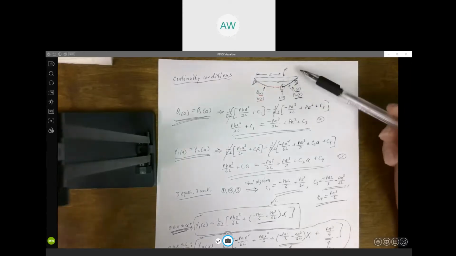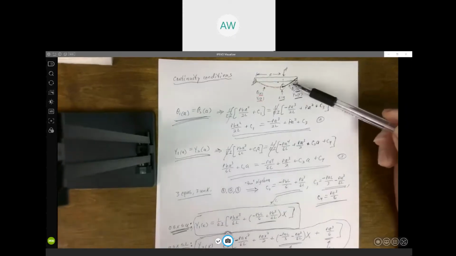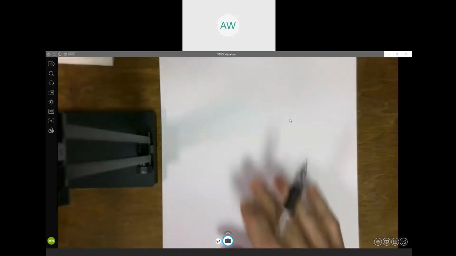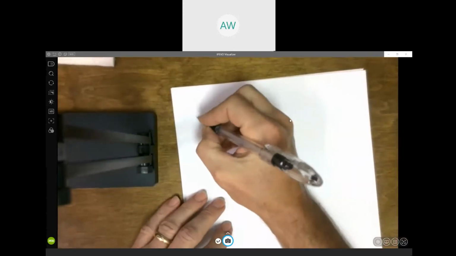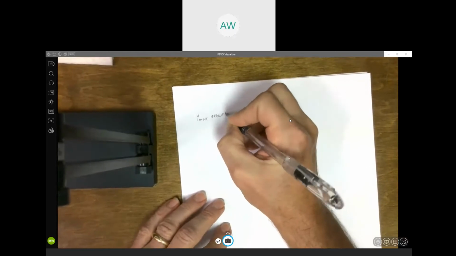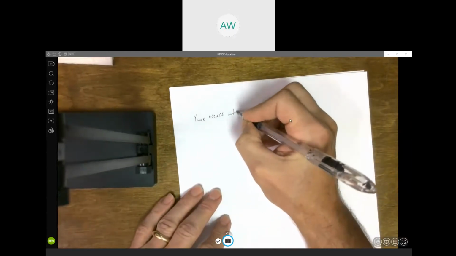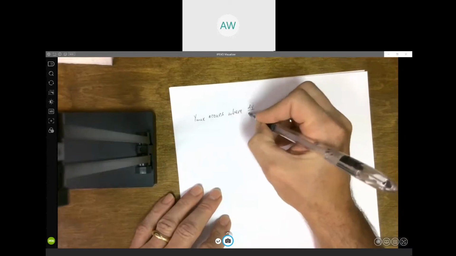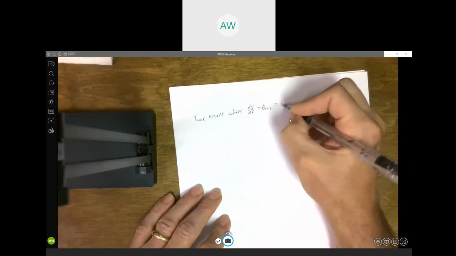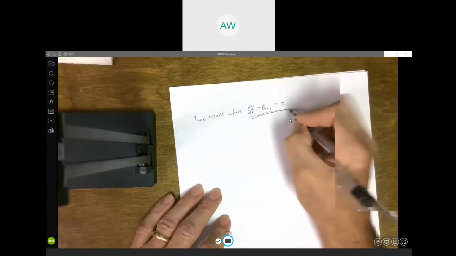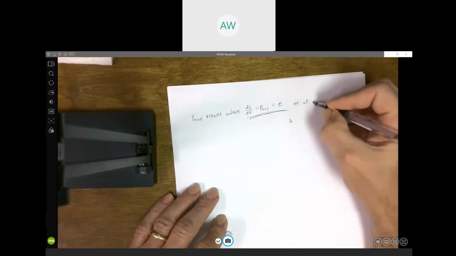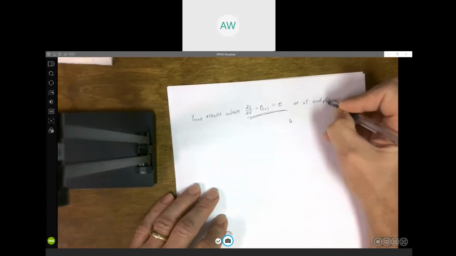Right, so that's what I wanted to take just a couple minutes and mention: the y max is going to occur in one of two places. It occurs where the slope, dy/dx or theta, however you want to refer to it, is 0, or at the endpoints.